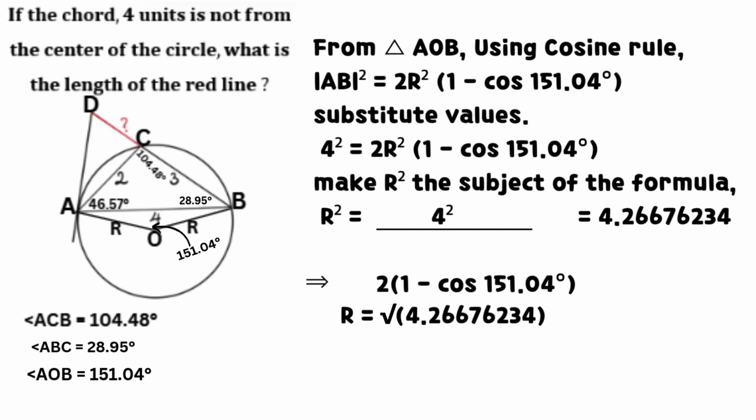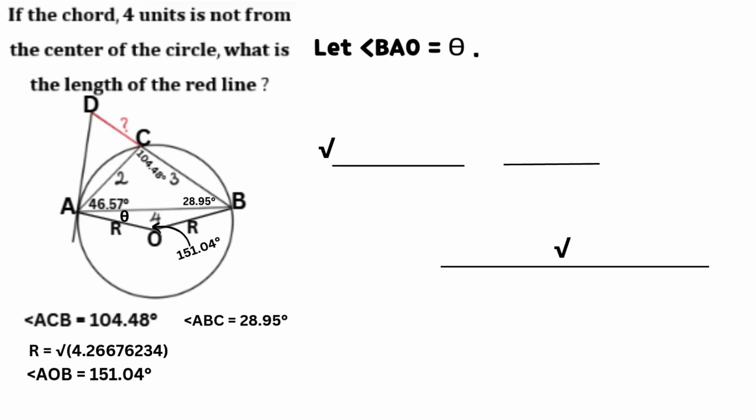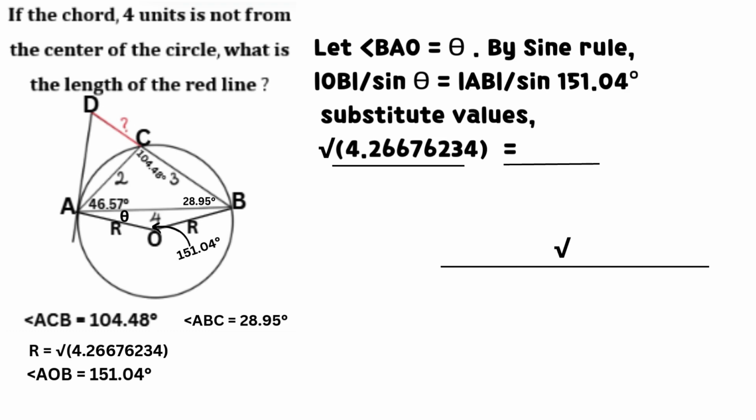We can find the value of angle BAO since angle OAD equals 90 degrees. This is true by applying the circle geometric theorem. Let angle BAO equal theta. By sine rule, line OB divided by sine theta equals line AB divided by sine 151.04 degrees.